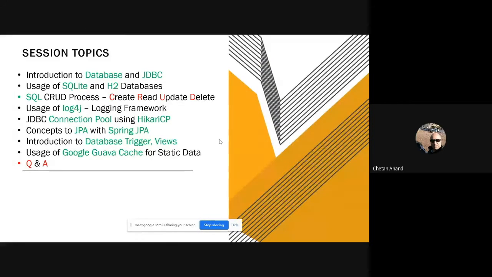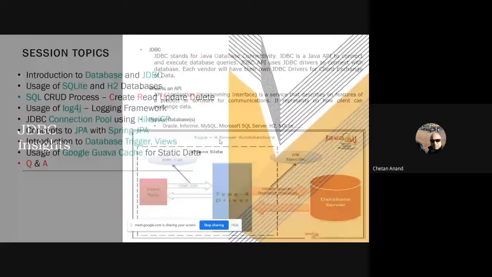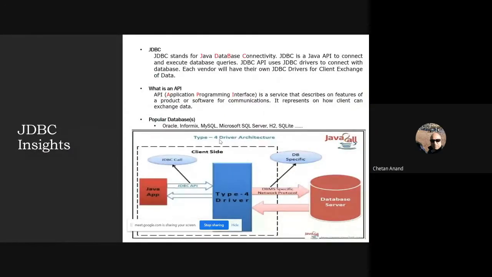Okay, let's start. As you know, JDBC stands for Java Database Connectivity, and this is an API for executing queries across to the database server. JDBC has its own APIs for connecting to the database.